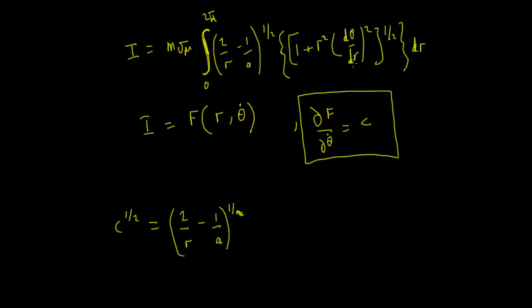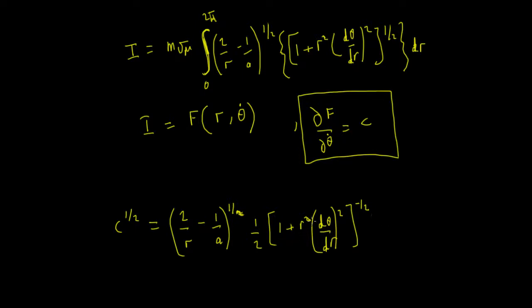Now whenever we do the derivative here, it's the chain rule for differentiation, so you're going to have a half times what's inside the brackets, 1 plus r squared d theta dr all squared, to the power of minus a half, and then differentiate what's inside the brackets.